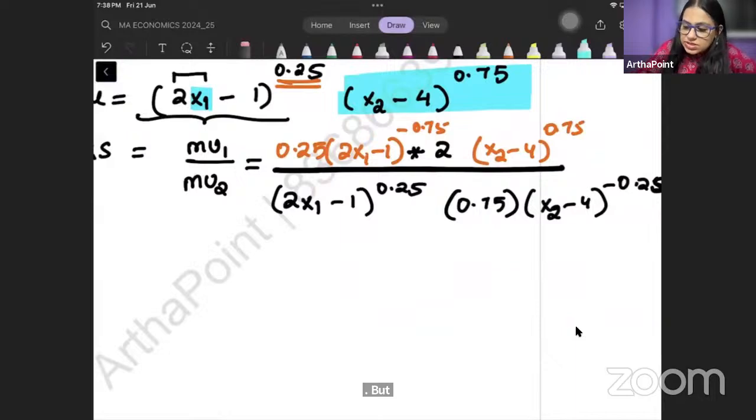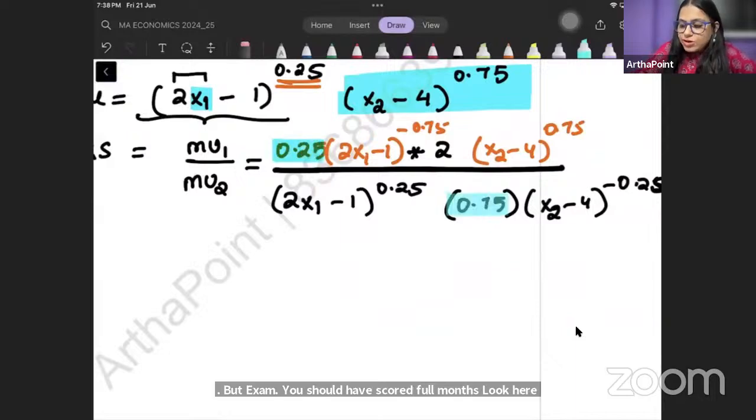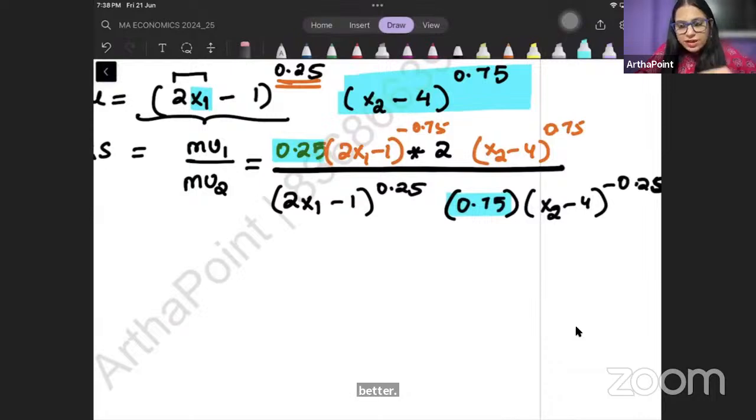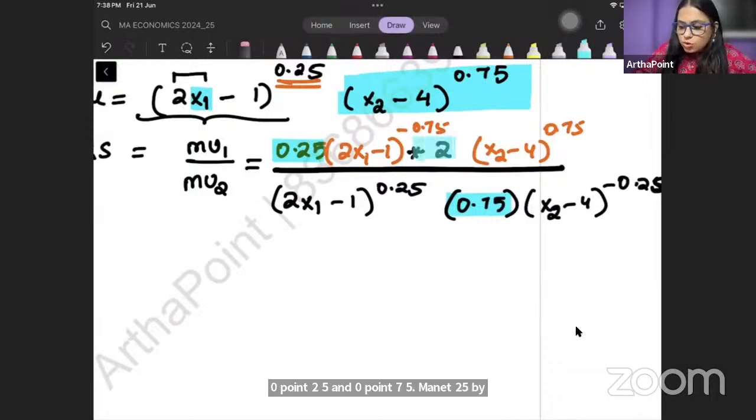लुक हियर बेटा, 0.25 एंड 0.75 माने 25/75, 1/3 हो गया, इंटू 2, तो ये हो गया 2/3.